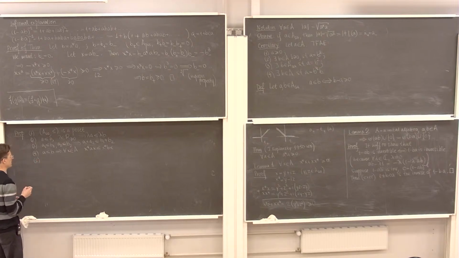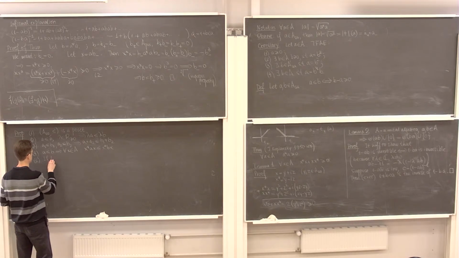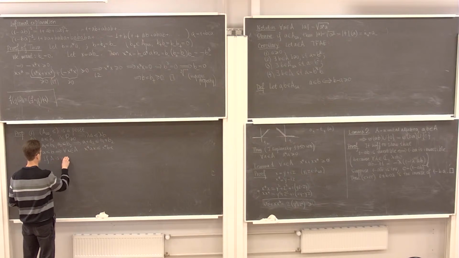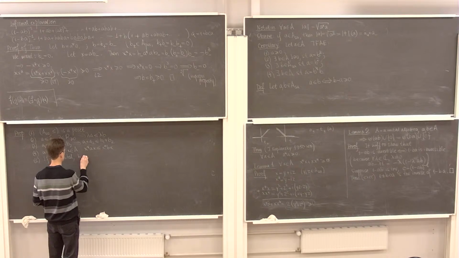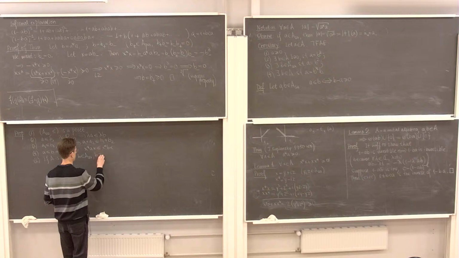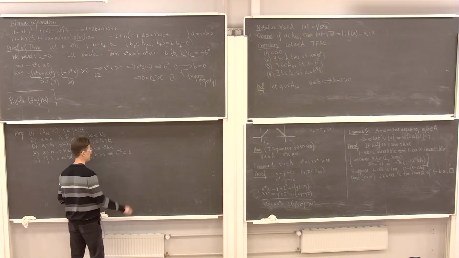Property 5, if our algebra is unital, B is a self-adjoint element, and it is greater than or equal to 1, then B inverse is less than or equal to 1.